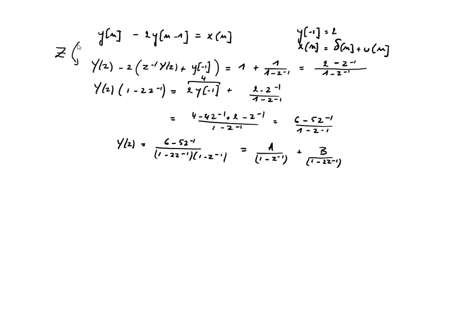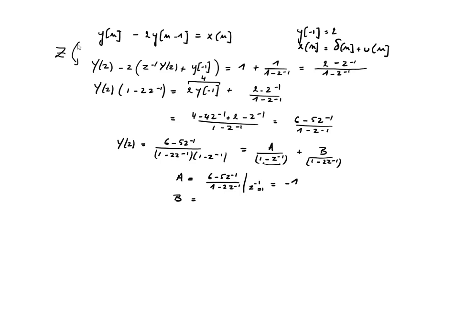So A is the numerator, 6 minus 5z^-1, over 1 minus 2z^-1, evaluated at z^-1 equal to 1, the root of this denominator, and if you compute that, we have minus 1.